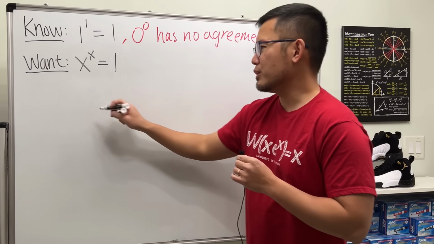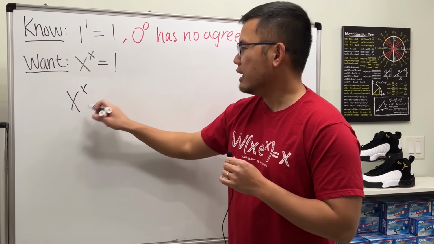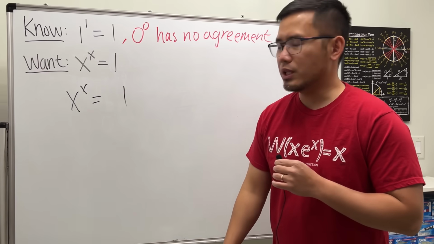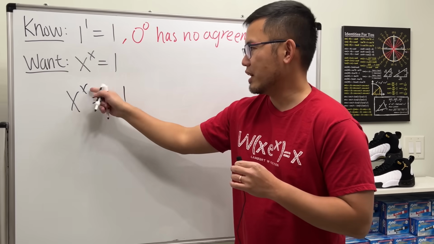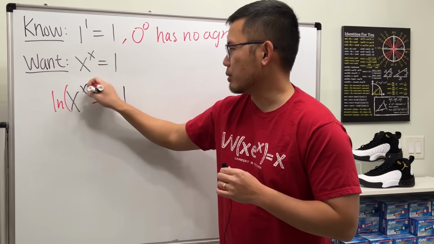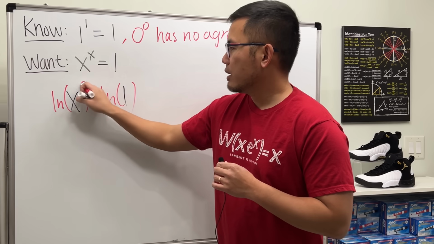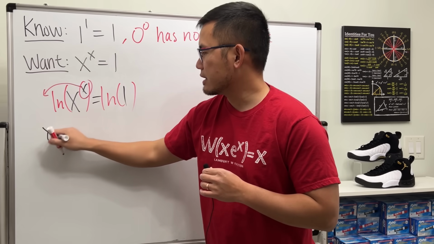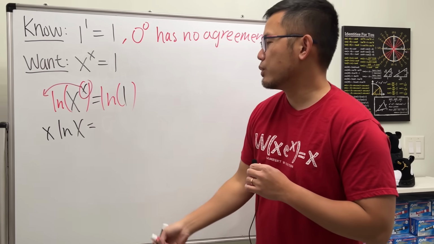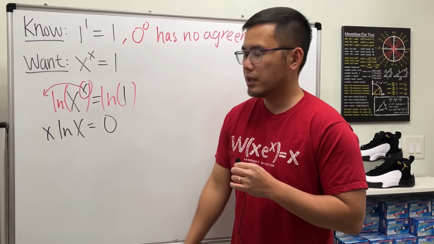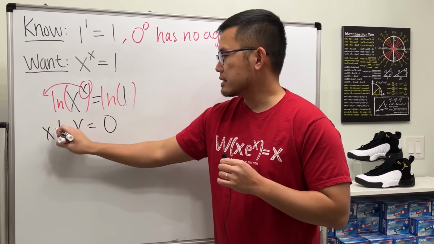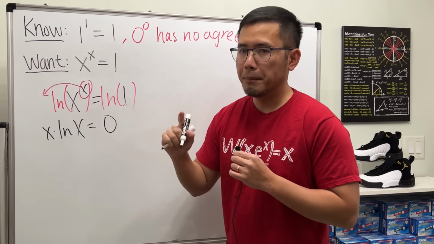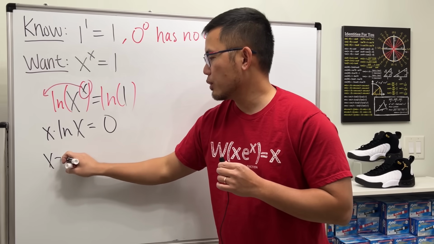Well, let's just go ahead and try to solve it the usual way. x to the x is equal to 1. What can we usually do? We'll have x in the x power, right? Let's try natural log both sides. Sure. Put the power to the front, we have x times ln x, and that's just equal to ln 1, which is 0. Now we see that x times ln x equals 0, means that we have x equals 0, right?